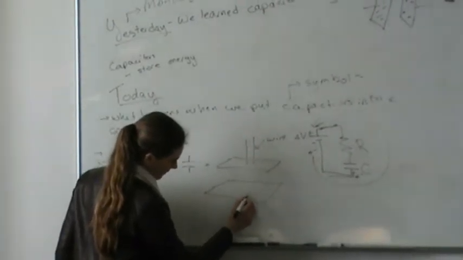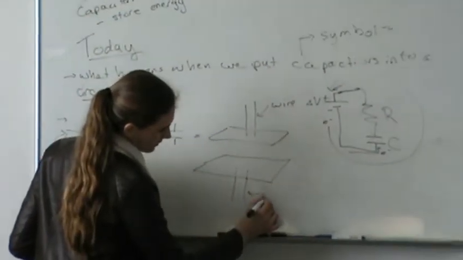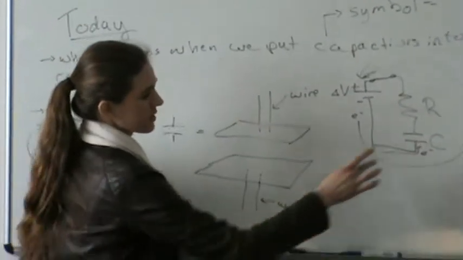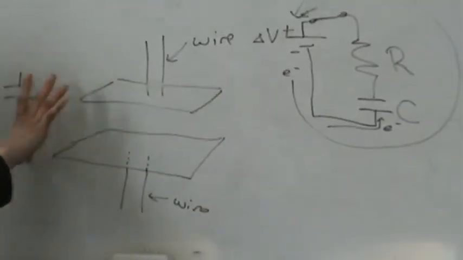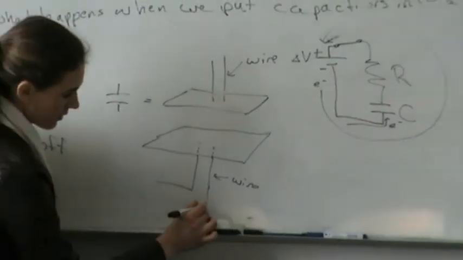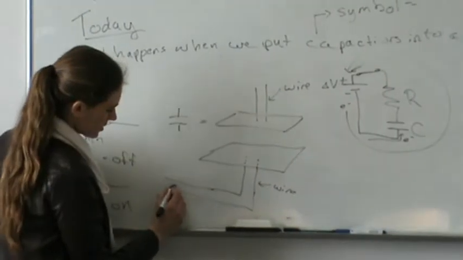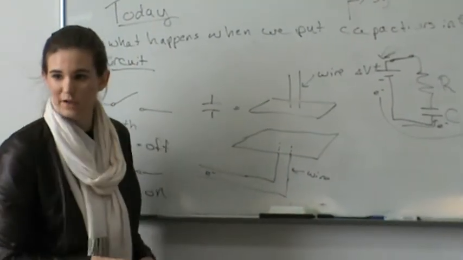And this is the wire. So this, right here, is this, right? And we know that from the battery, electrons are flowing right here, right?